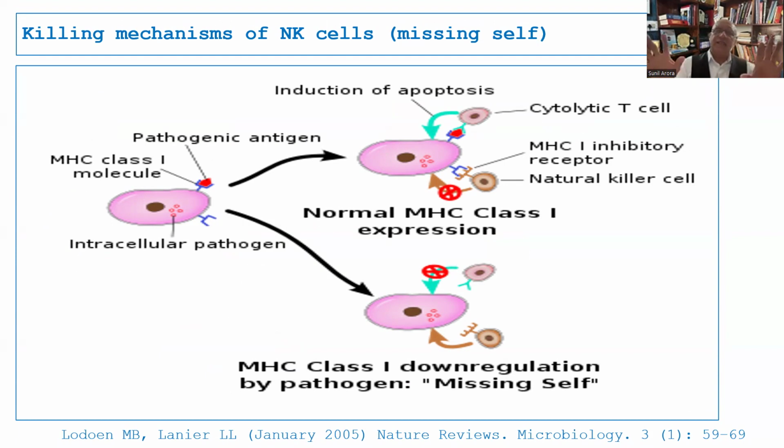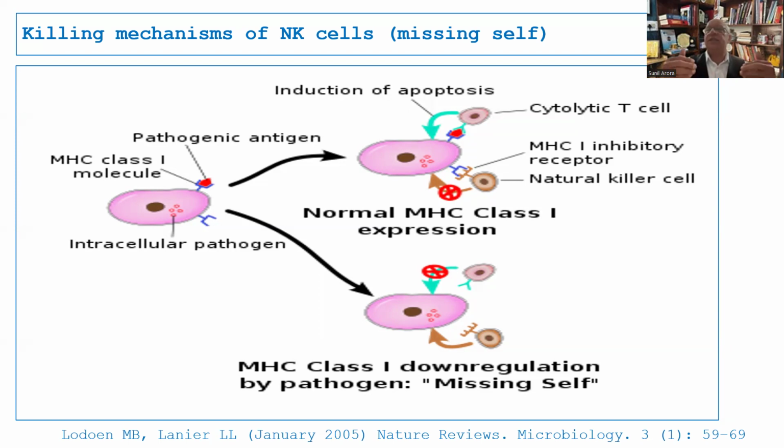All NK cells express CD16, but one population also expresses a very high amount of CD56. These are the cells which make a lot of interferon gamma, whereas those cells which do not express a high amount of CD56 are the main killer cells through other mechanisms.